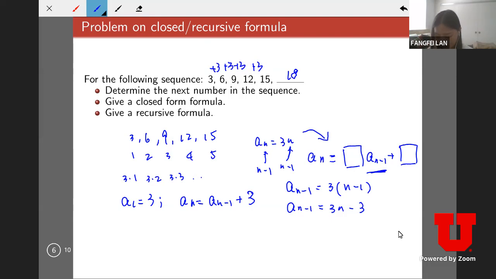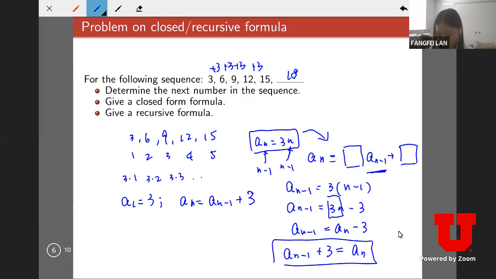And then we see that the 3n is basically an. So we have an minus 1 is equal to an minus 3. And then we have to move this minus 3 to the other side, or just basically add 3 on both sides. So we have an minus 1 plus 3 is equal to an. So here we've got the same formula.